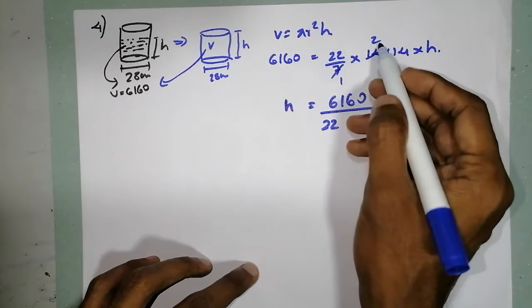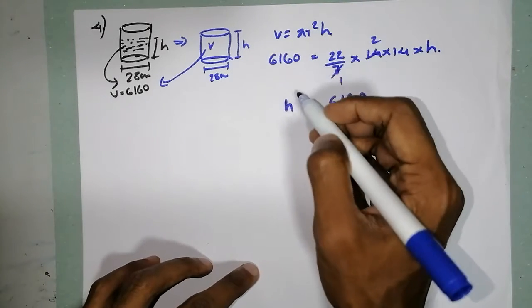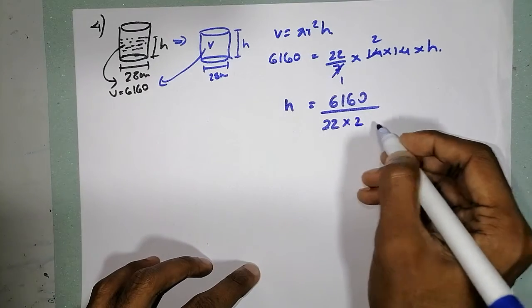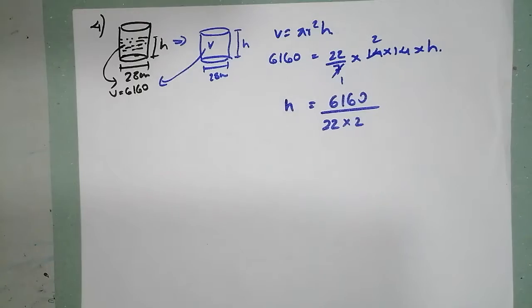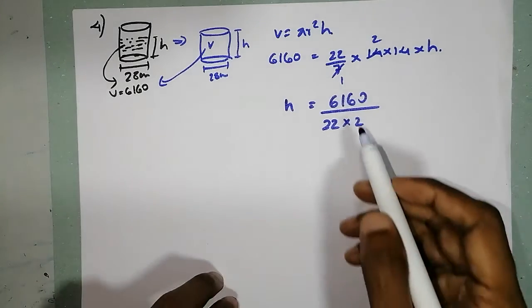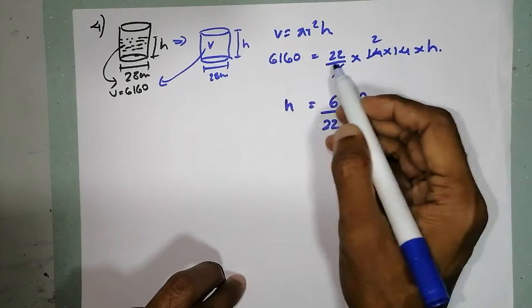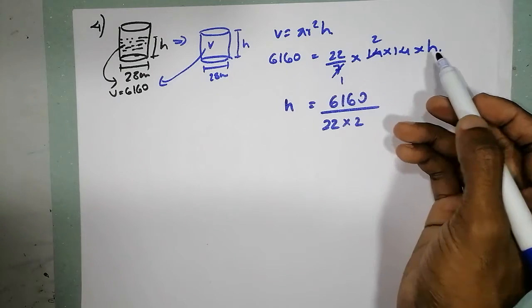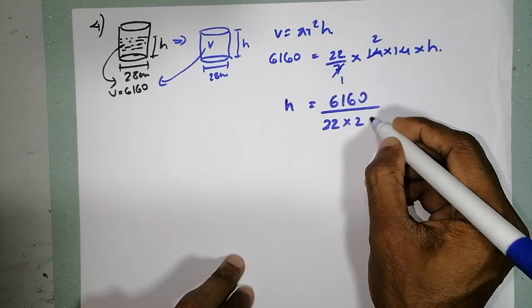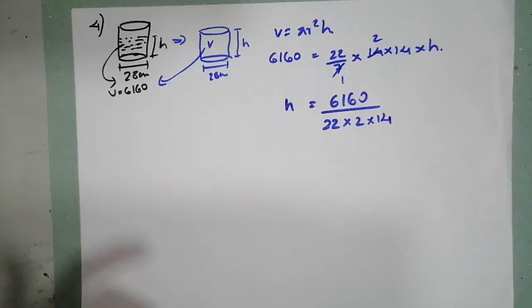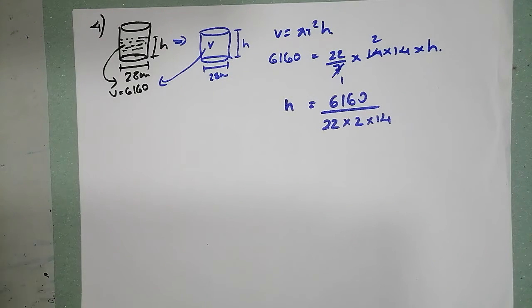Another 22 is also going to divide, and 14 is multiplying. Consider 22 and 14 as individual values, all multiplying with h, so send them over, so it's going to be divided by 14. So we'll do the division part.